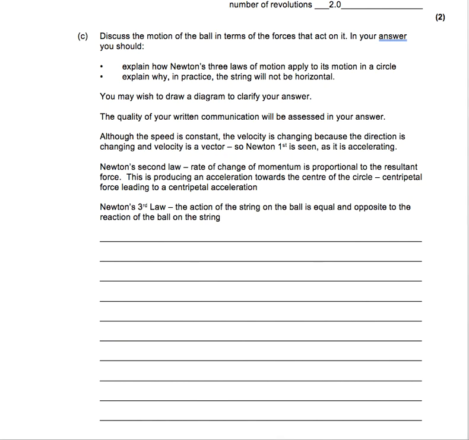Essentially the ball experiences a pull inwards and the string, the person holding the string, experiences a pull outwards. These two forces are the same type, they are in opposite directions and they are the same size. So there it is, Newton's third law. So we have discussed here how the three laws apply.